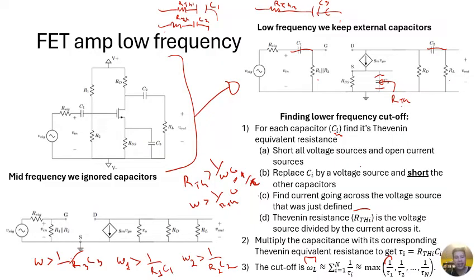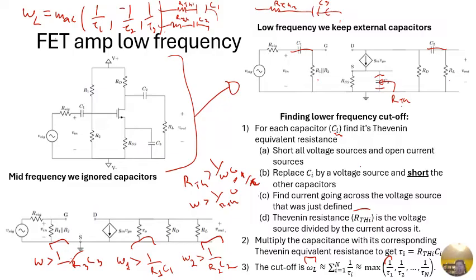So if we pick the largest one of these as omega low, that will guarantee that we can treat all capacitors as shorts if our frequency is higher than the highest one of 1 over R1 C1, 1 over R2 C2, and 1 over R3 C3. So that's effectively what we will do: omega low is equal to the maximum of 1 over tau 1, 1 over tau 2, 1 over tau 3.